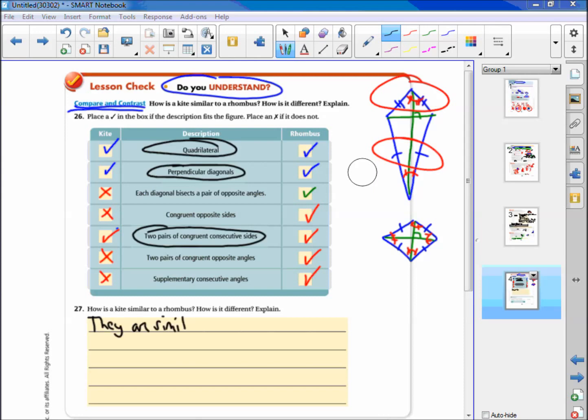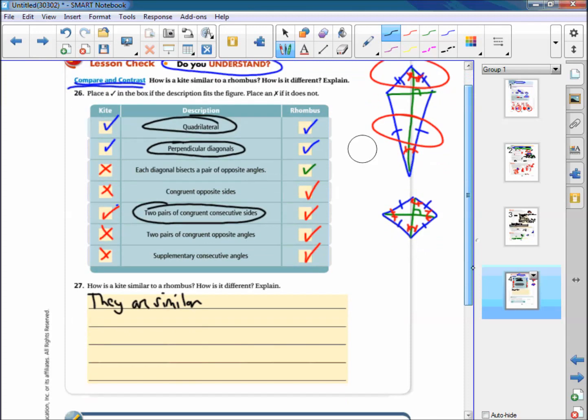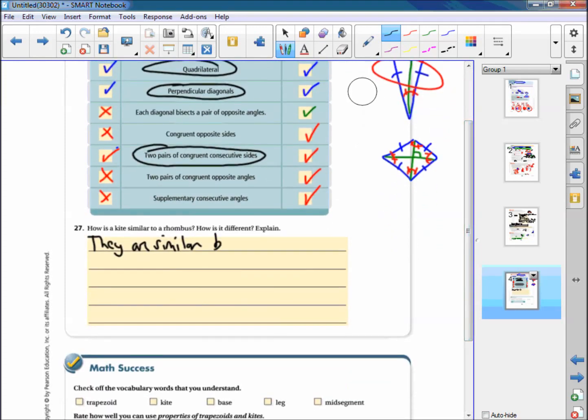So they are similar because they are both quadrilaterals with perpendicular diagonals, and two pairs of consecutive congruent sides.